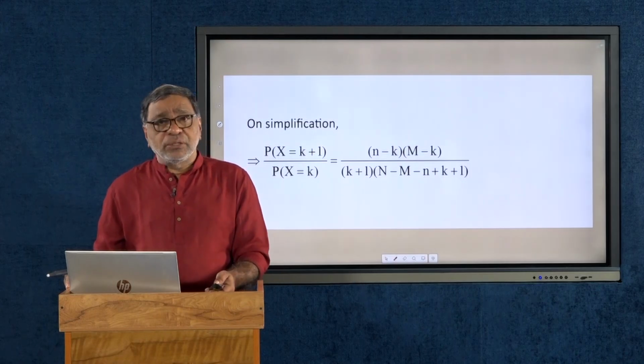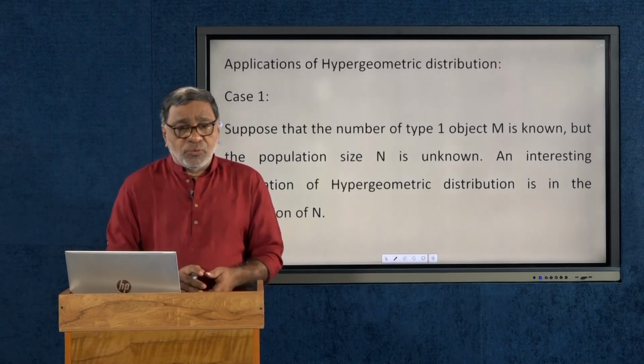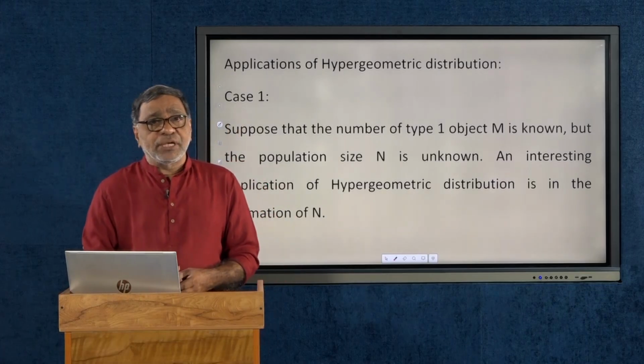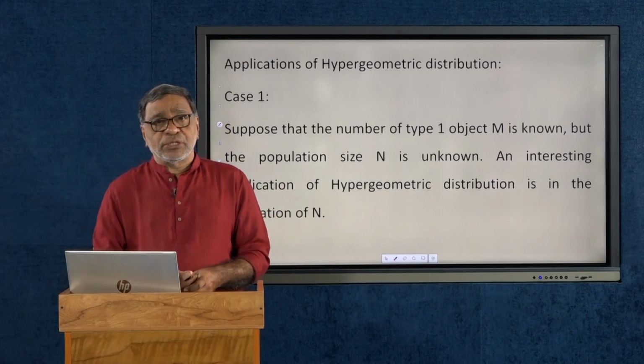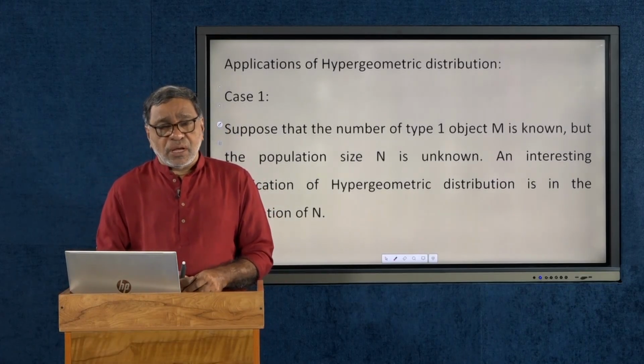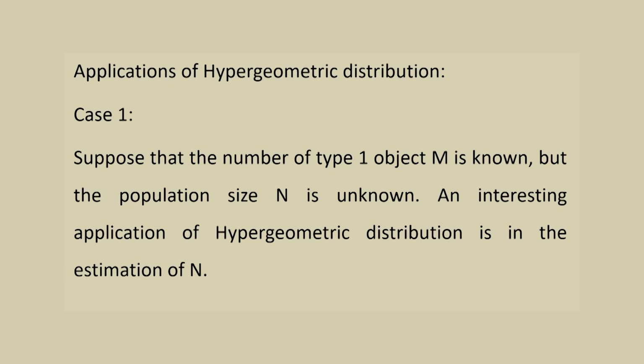Before concluding this session, let me give very interesting applications of the hypergeometric distribution. The hypergeometric distribution is usually used to find an unknown number of items. Suppose we have a population consisting of capital N items.